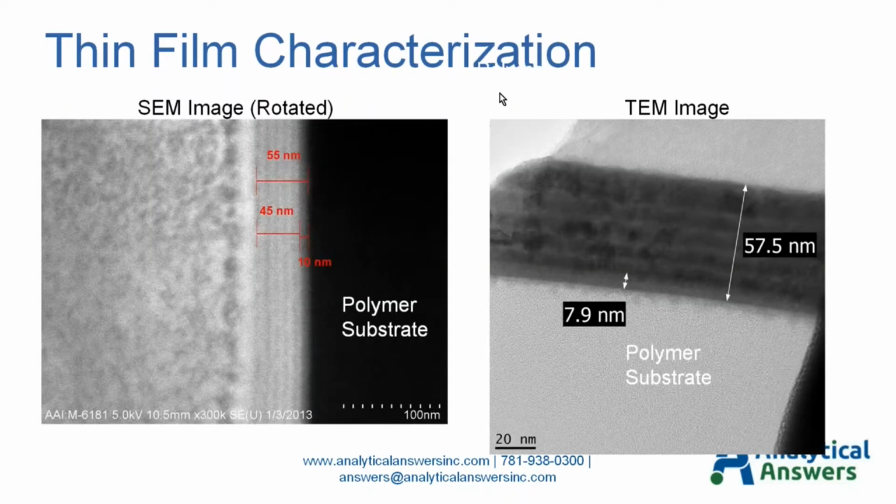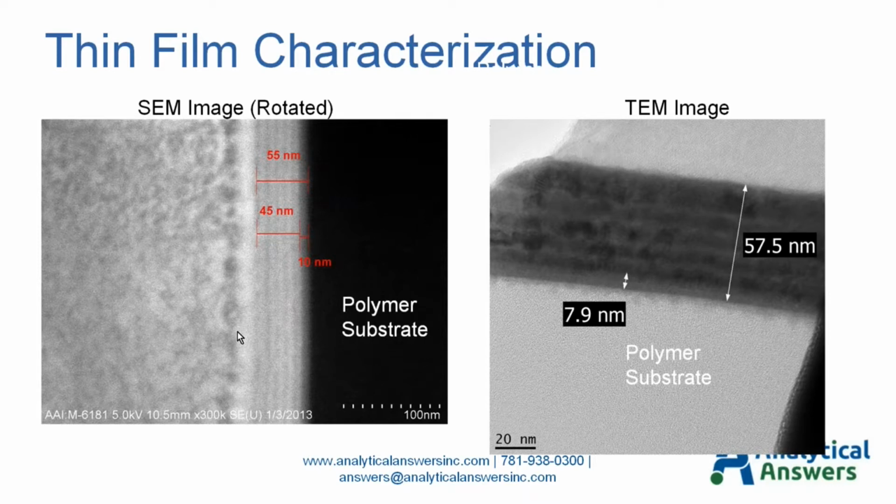Just continuing with the thin film characterization. This particular sample is a metal thin film coating on a molded polymer substrate. Again, I've shown a SEM image, in this case a very high magnification, good quality SEM image.